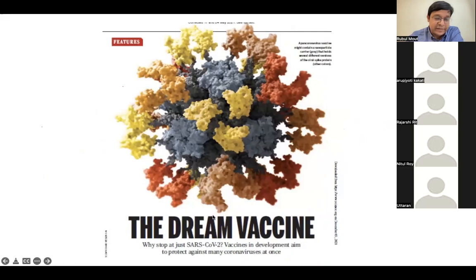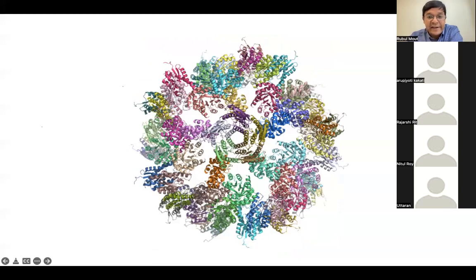When I was at IPD, I also briefly worked a little bit, not exactly on this one, but on related work. The power of this vaccine is that, as you can see here, you can use all these proteins to attach new proteins, for example spike proteins, onto the surface of this nanocage, right?